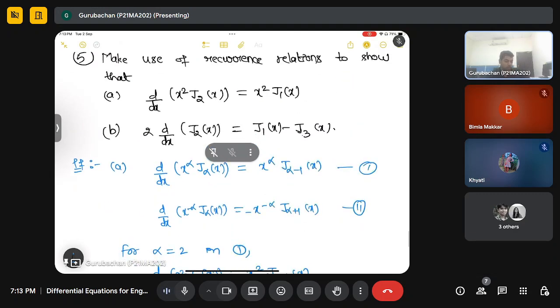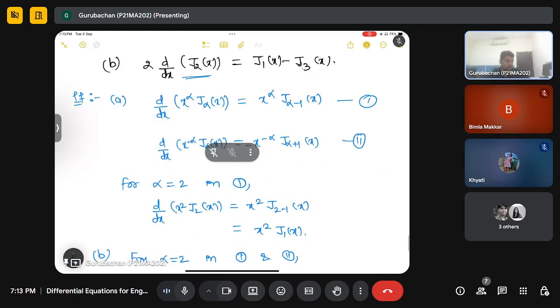No, because we want here J2x, not terms of x square.